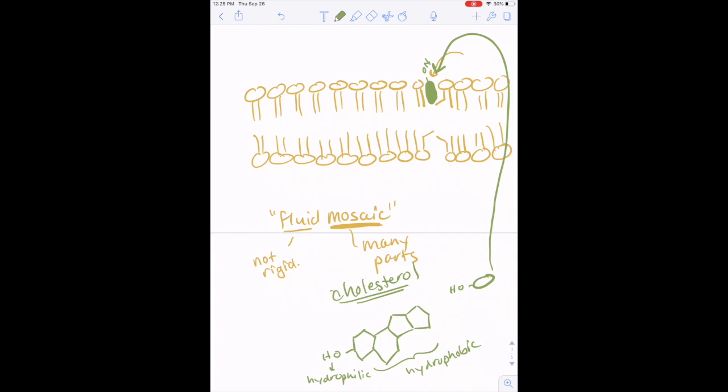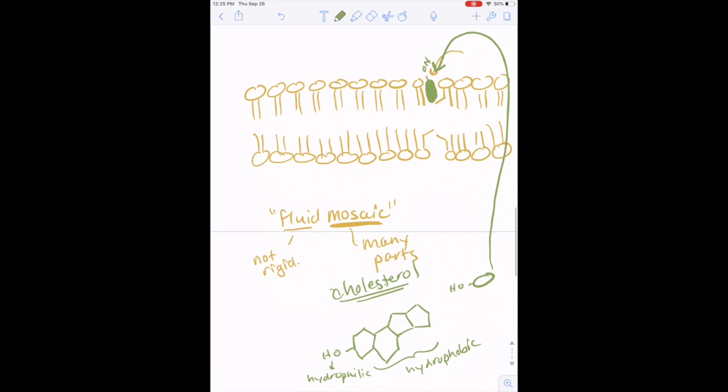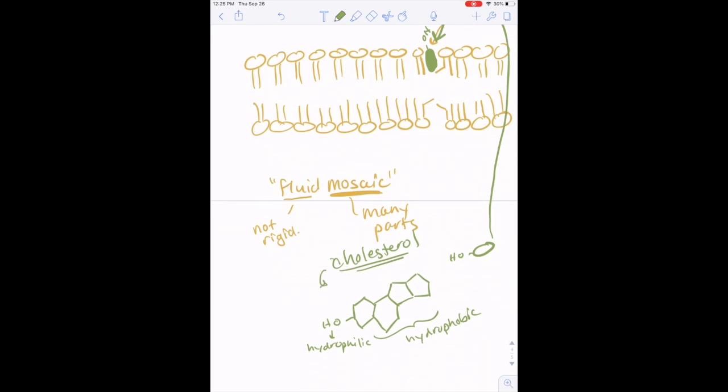Cholesterol helps fill in the gaps in your cell membrane, and we say that cholesterol helps maintain membrane fluidity. Cholesterol helps maintain membrane fluidity by taking up space in there.